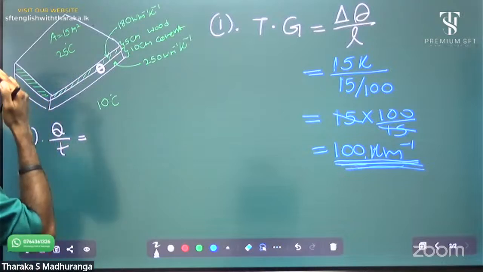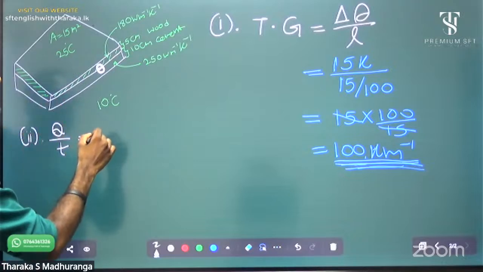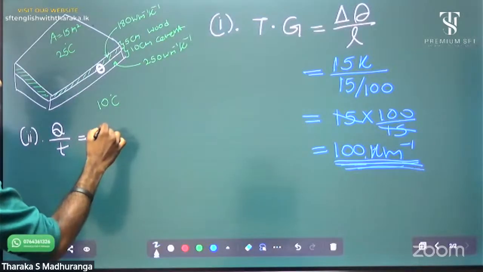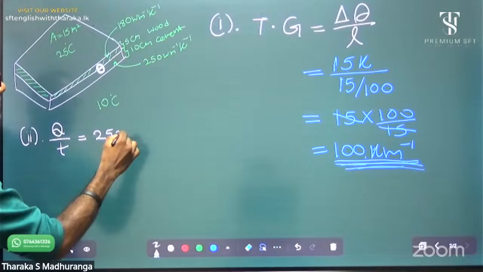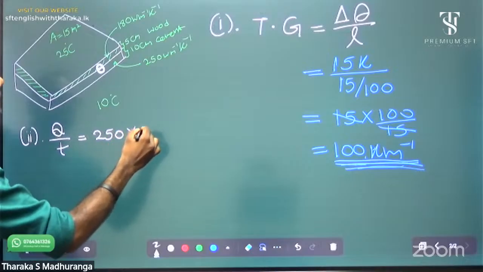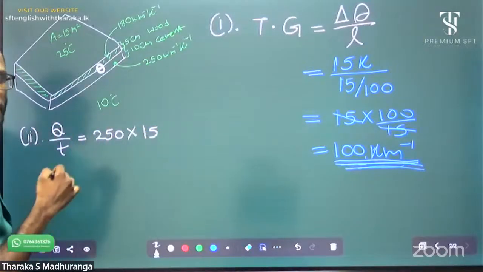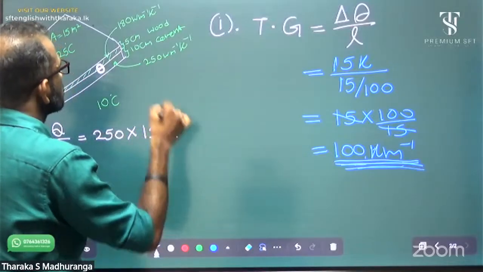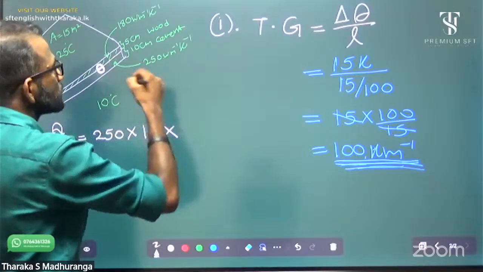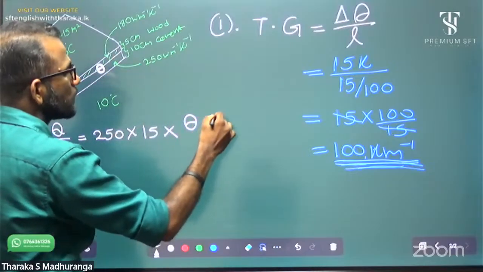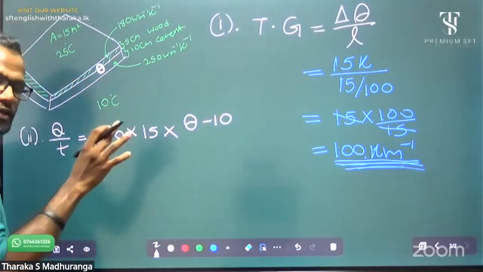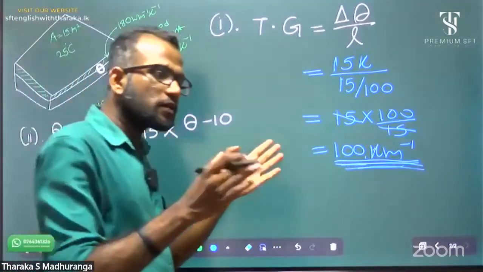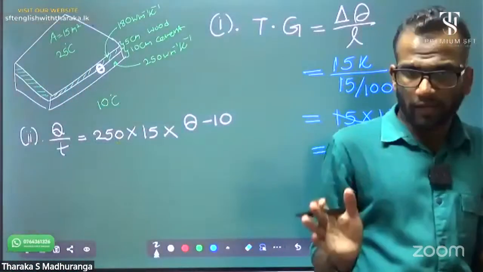K for the cement wall is 250. A, the cross section area, is 15, right? The temperature difference is theta minus 10.